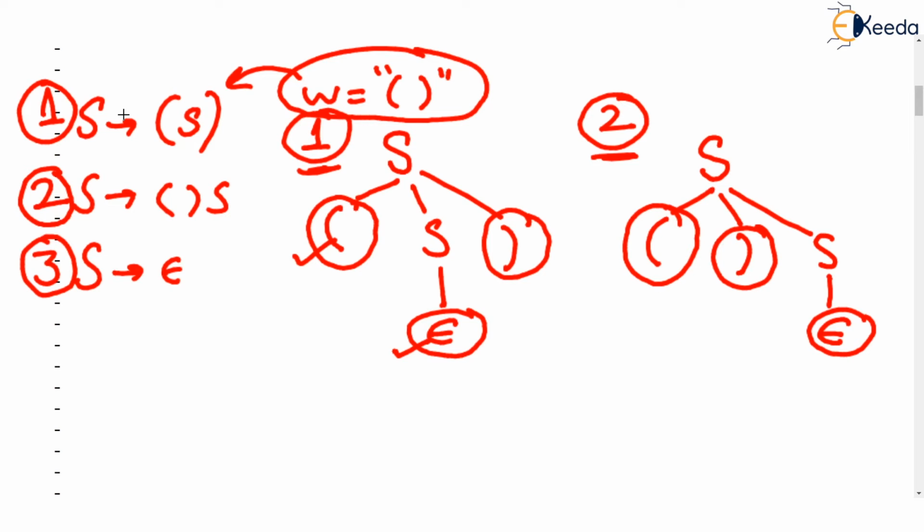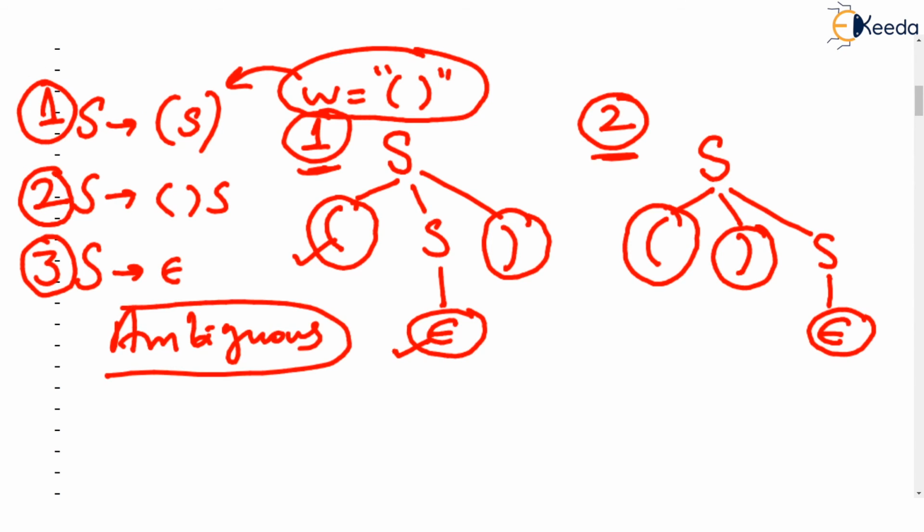Then you may come to a conclusion that the grammar is unambiguous. But hello, proving whether a grammar is ambiguous or not is not that easy. You will have to test the grammar with various strings, and who knows, there may be a particular hidden string for which there exists more than one LMD. So testing whether a grammar is ambiguous or not is a difficult job.